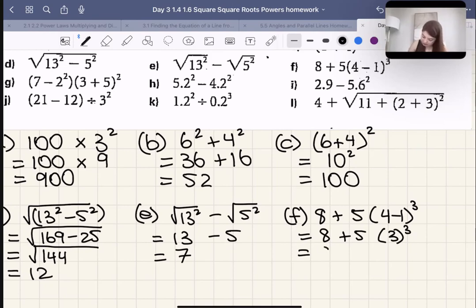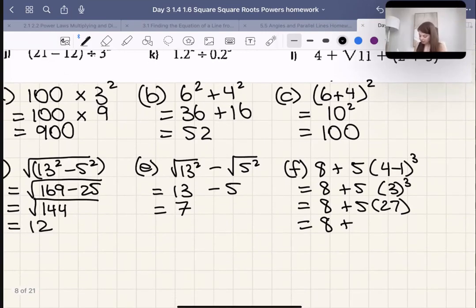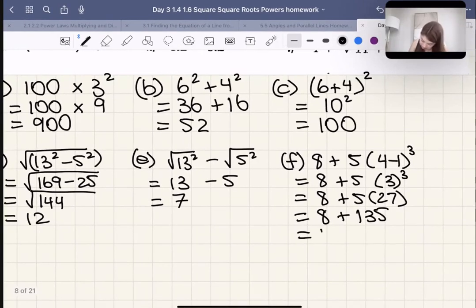So that's 27. Is there any multiplication? Yes, 5 times 27 counts as multiplication. That's 135. 8 plus 135 is 143. And there we have it.